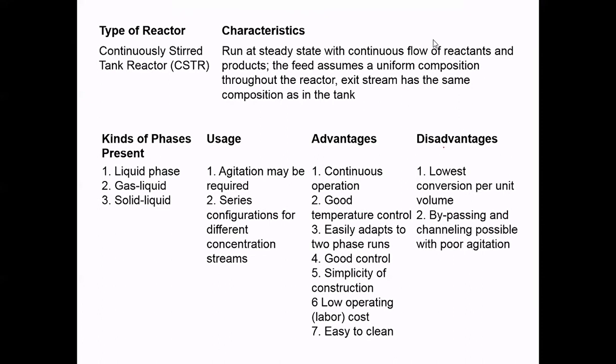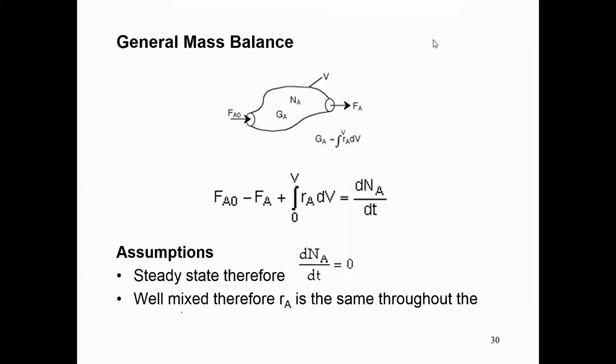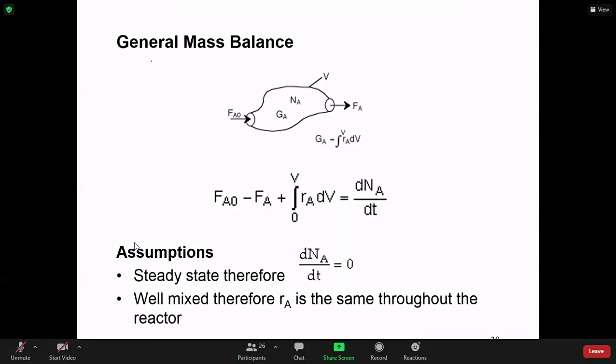However, the disadvantages are lowest conversion per unit volume, and bypassing and channeling are possible with poor agitation. Similarly, this is the diagram for the continuous stirred tank reactor, and this is the general mass balance.